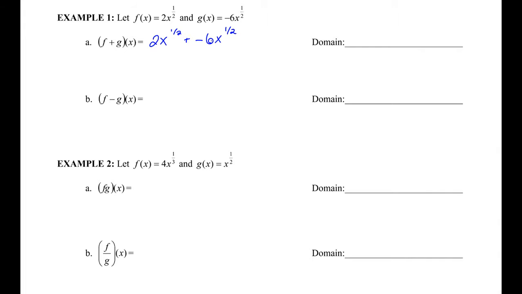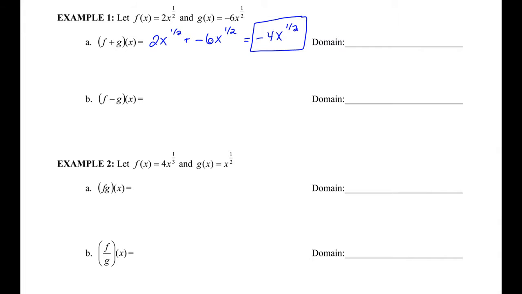Because they both have an x to the power of 1/2, we can combine them together. So 2 plus a negative 6 gives me negative 4. So I get negative 4 times x to the 1/2. Again, we're going to talk about the domain tomorrow, so we're just going to skip that for right now.